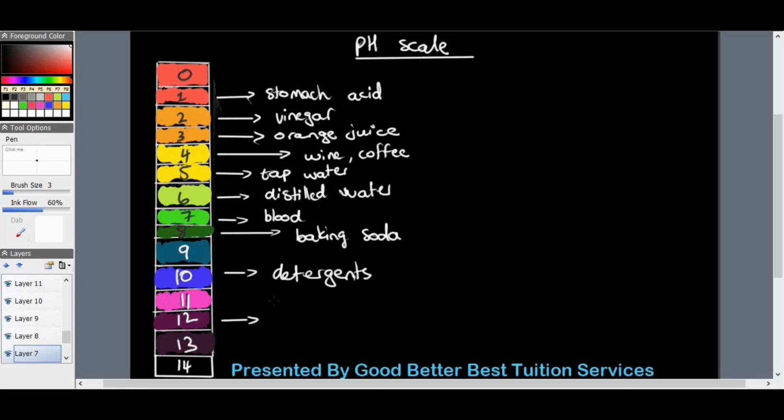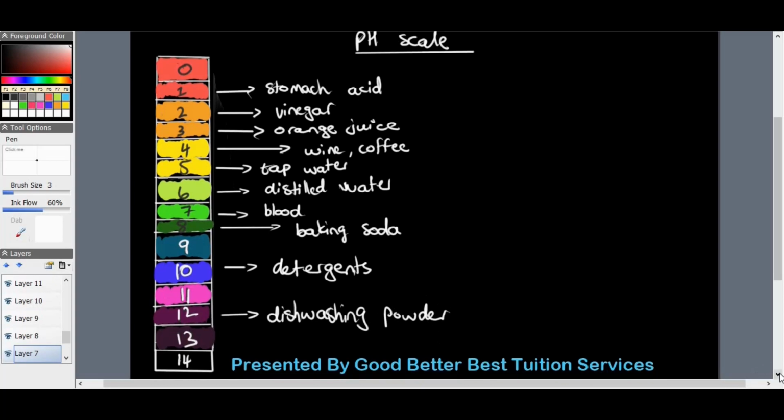And number 12 would be your dishwashing powder or dishwashing liquid, around a pH level of 12. Okay, so that's more or less how it looks, just with a few examples of the pH of substances that test at those different numbers.